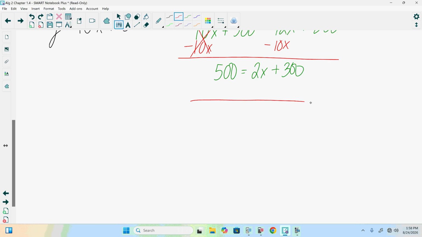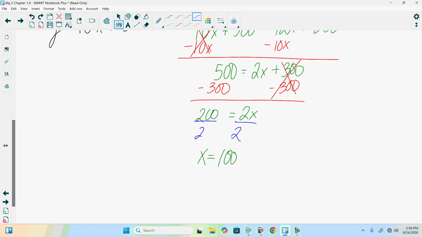Because we now have x on the same side, which means we need to move the 300. We need to subtract it from both sides. 300 minus 300 is 0. So that leaves us with 2x. 500 minus 300 is 200. And last but not least, divide both sides by 2. Telling us x is equal to 100.